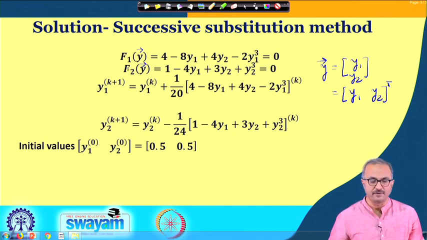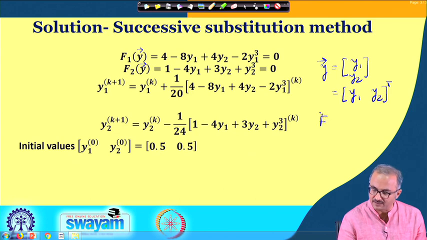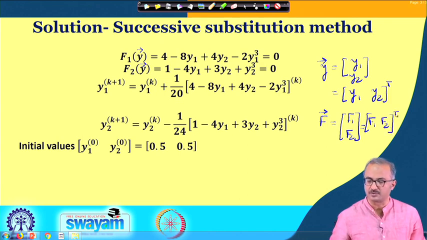Similarly, this f1, f2 vector may be written like this, that I can define another vector f, that will be equal to f1, f2, or same as f1, f2 transpose. Okay. So, these are various representations of these vectors, and from now on I won't be writing y with the particular arrow. We shall understand by default that we are talking of a vector y.